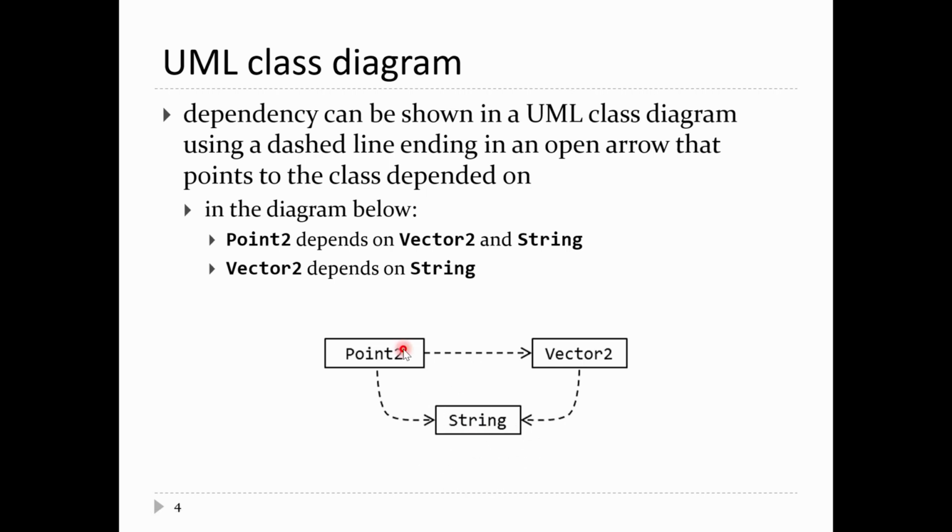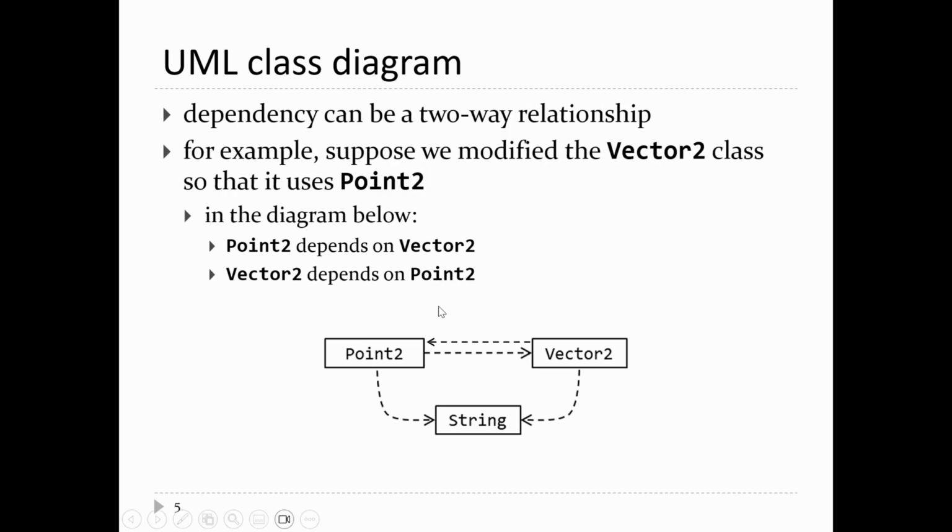Point2 also depends on Vector2. If you modified Vector2, it could also depend on Point2, so this relationship can be two-way. Although I don't think the implementation of Vector2 in the course notes depends on Point2. I think it's one way.